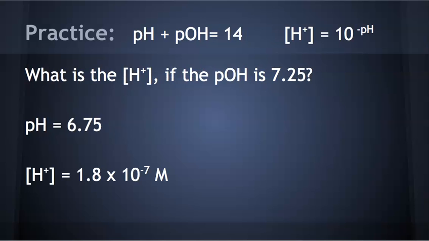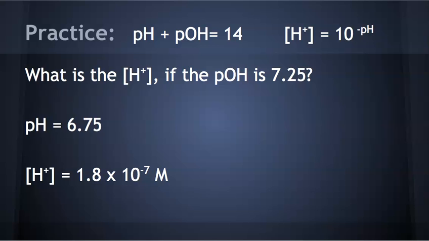Now getting a little more sophisticated, let's put two equations together. Let's find the [H+] concentration if the pOH is 7.25. Well, if the pOH is 7.25, you know the pH is 14 minus that, or 6.75. And then [H+] is 10 to the minus pH, so [H+] is 10 to the minus 6.75, which is 1.8 times 10 to the minus 7th molar.